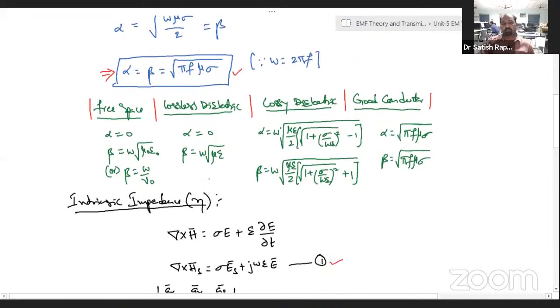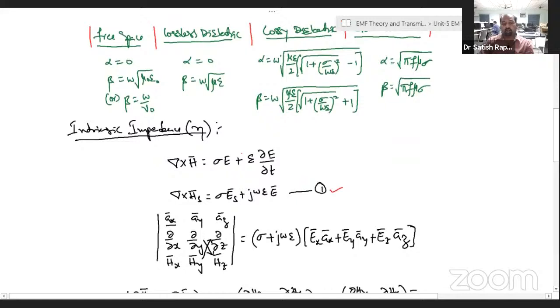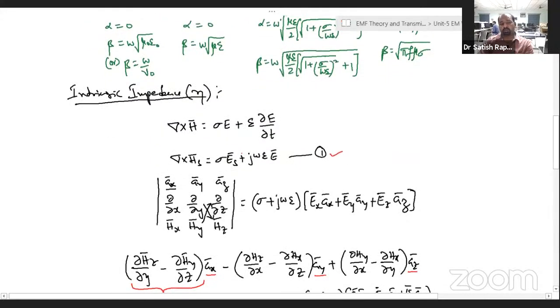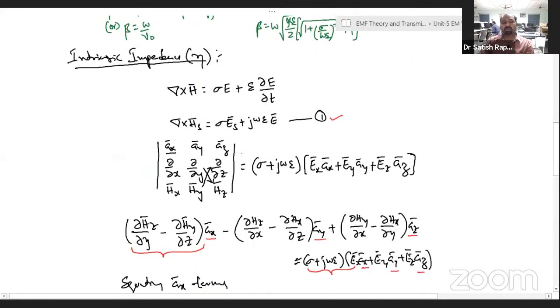And here I have summarized free space, lossless dielectric media, lossy dielectric media, and good conductor. Four media I have summarized with alpha and beta, right? And intrinsic impedance. This is the common equation derivation for all four media, intrinsic impedance.